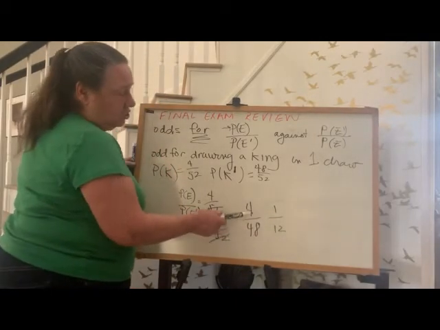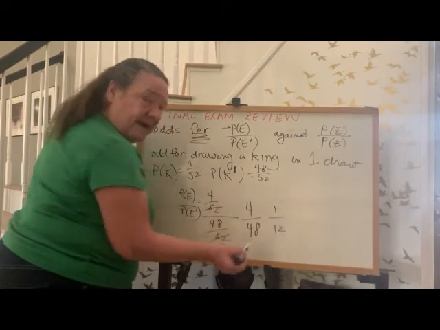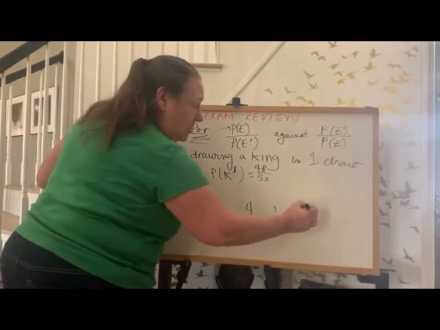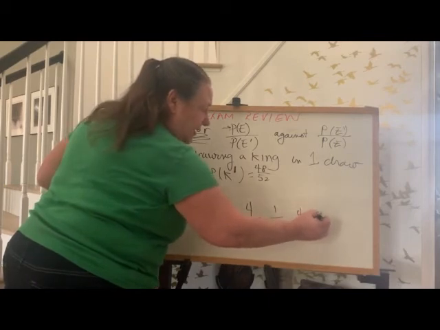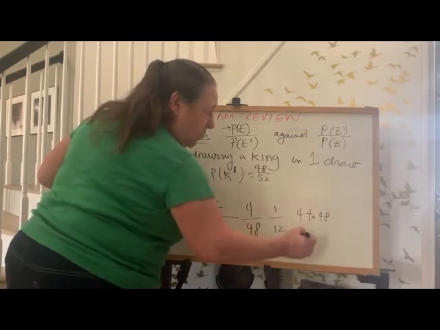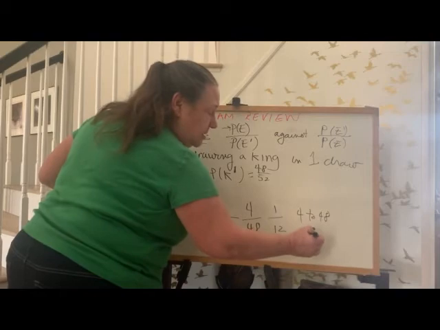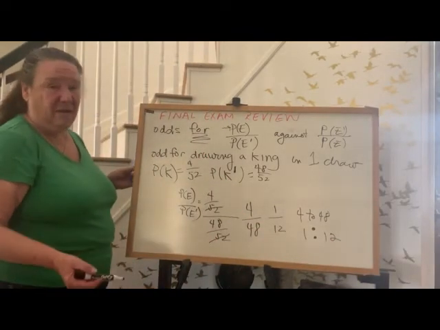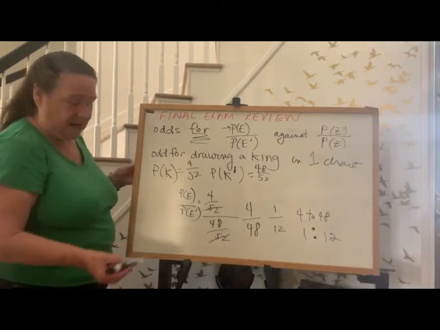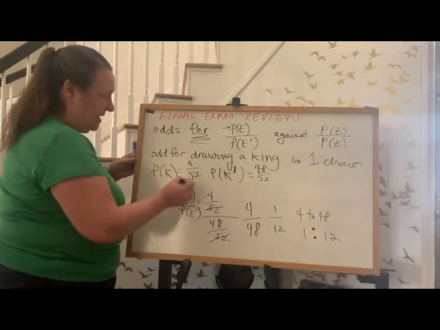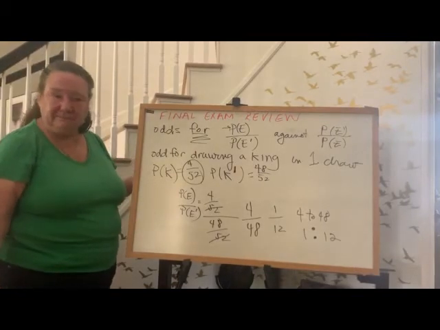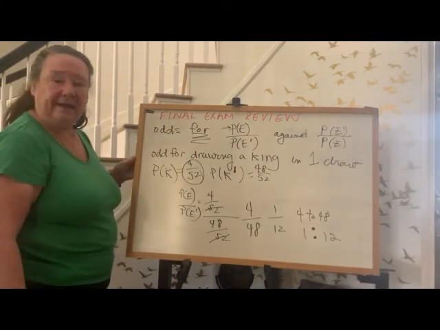So then to write it in odds notation, it's 4 to 48, or you could say 1 to 12. Okay? The most common mistake I got was to tell me that the answer was 4 out of 52. I don't know why. Don't do that.